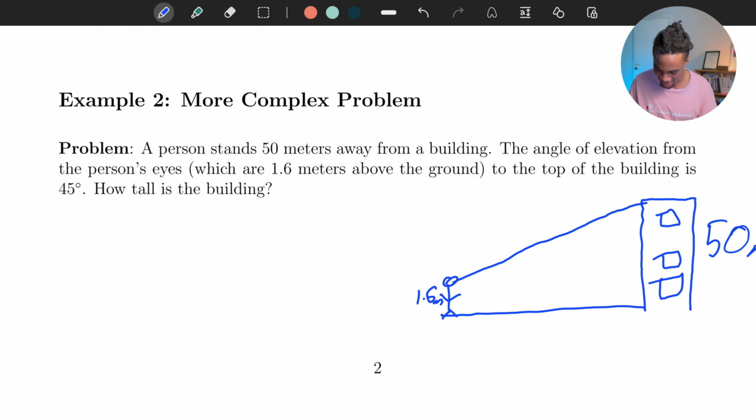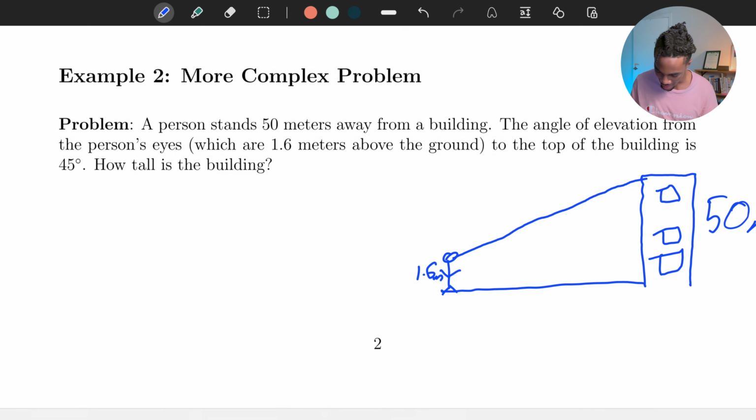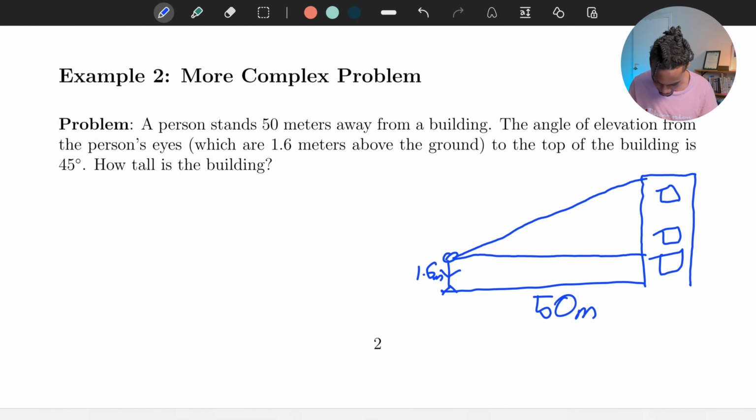50 meters here. All right, so 50 meters away from the building, just here, and then from here, the angle of elevation is 45 degrees.